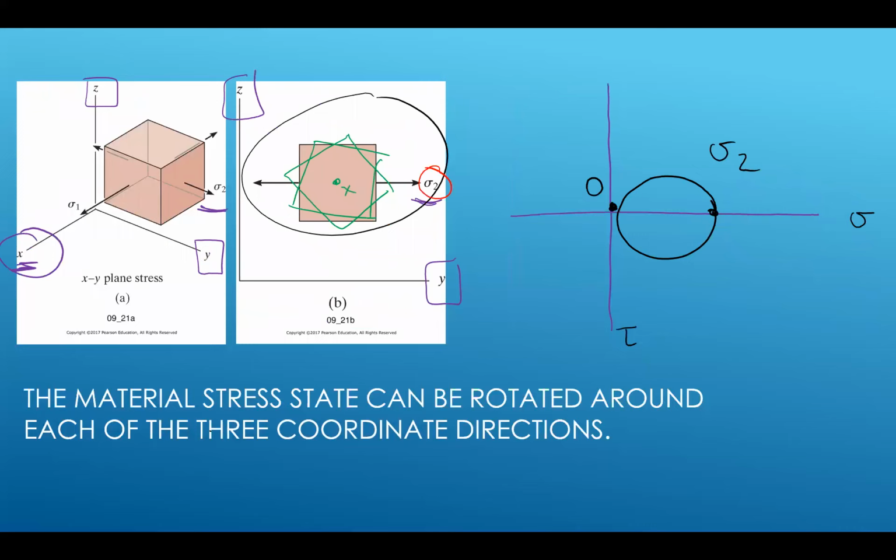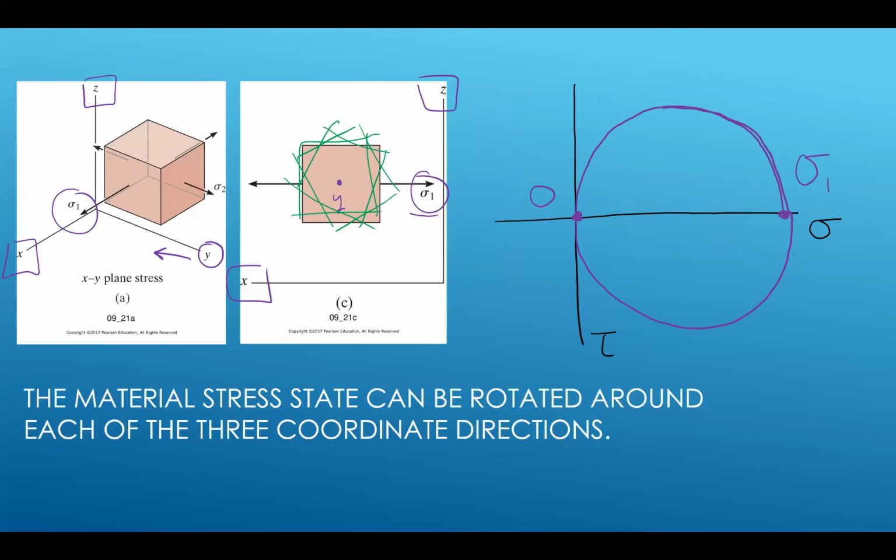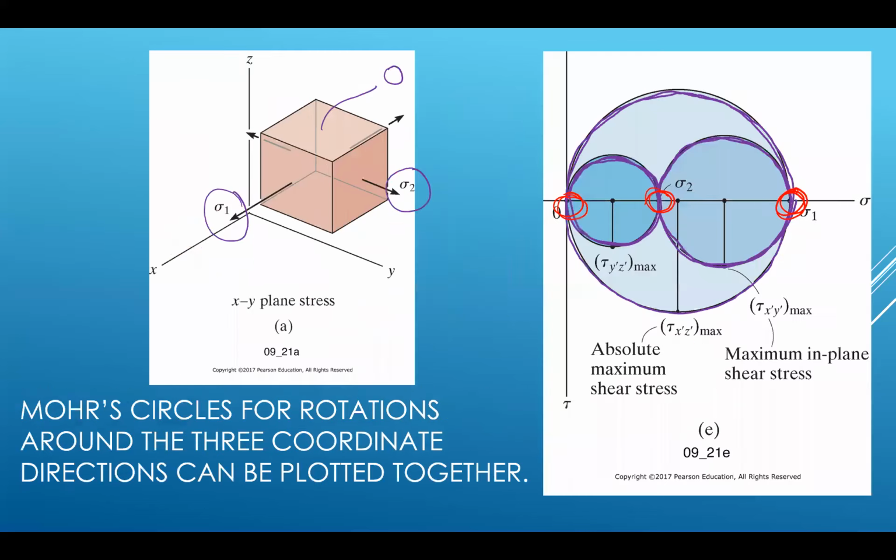The normal stress will always have to vary between 0 and sigma 2. Here, the normal stress will always have to vary between sigma 1 and 0. And here, it'll vary somewhere between sigma 1 and sigma 2. And we know that that varying always takes the shape of a circle. So you end up with these three circles. Each one has its own maximum shear stress.